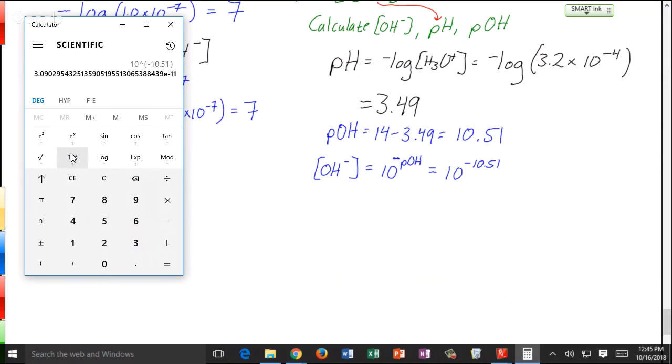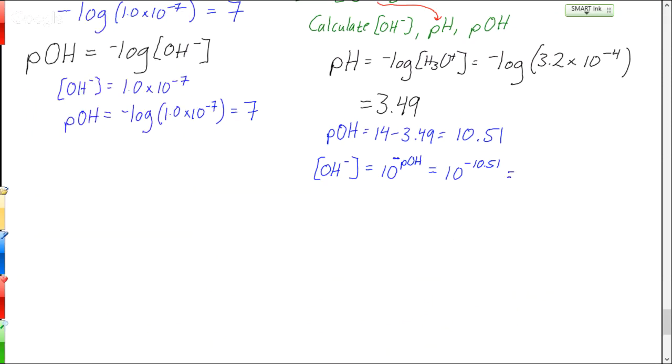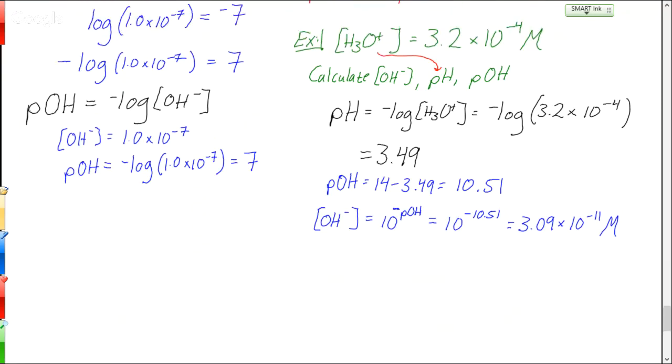And we've got 3.09, and this little e minus 11 means 10 to the minus 11. So our concentration is 3.09 times 10 to the minus 11 molar. That's the hydroxide concentration in this solution.